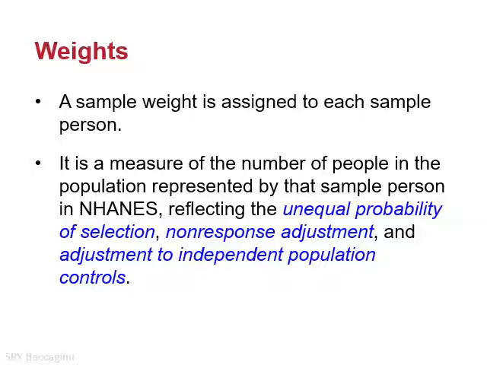In addition, NHANES uses weights to account not only for the probability of selection, but also for non-response. And so your weight may be adjusted when there is no response by individuals that do not participate in the study.